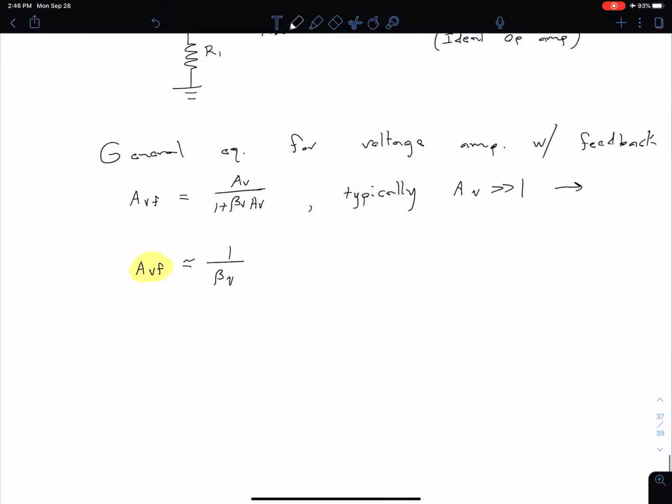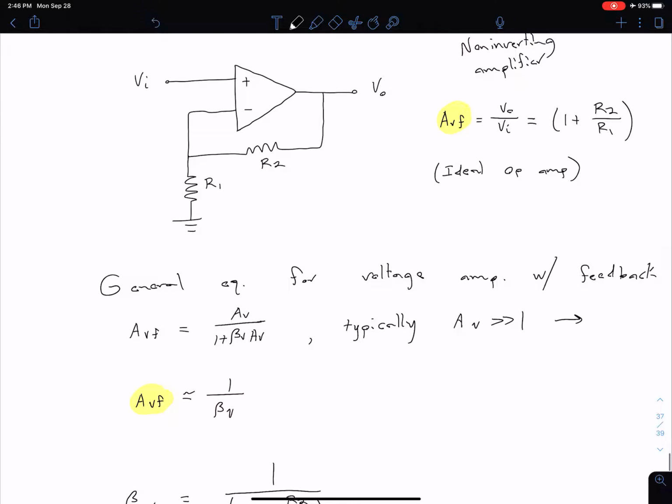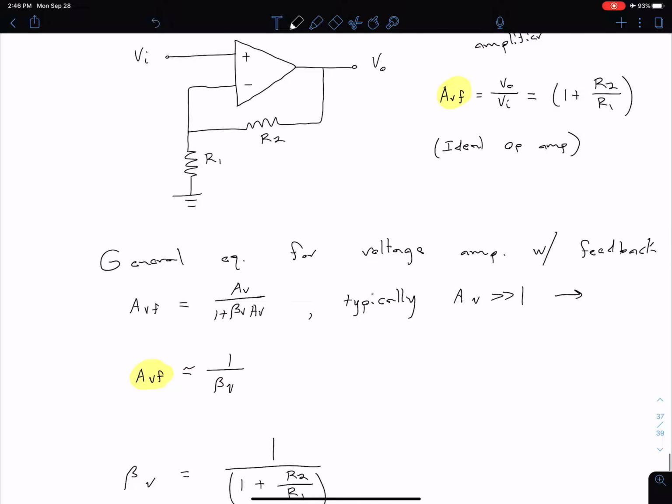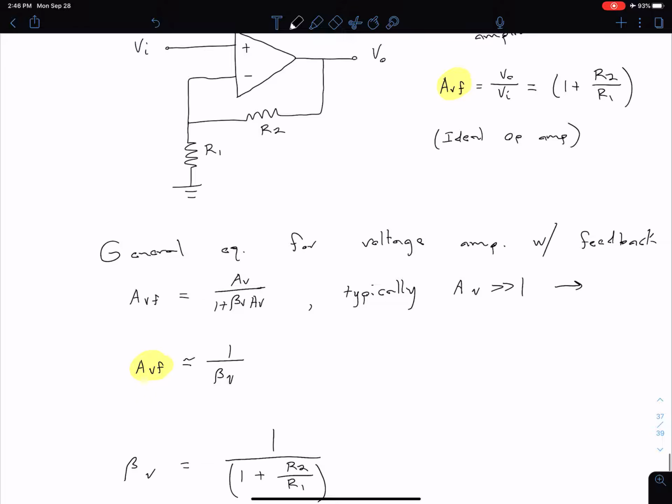Doing that, we find that our beta sub V is equal to 1 divided by 1 plus R2 over R1. So simple as that. This was just by inspection. We know this equation from analyzing it one way, and we know this feedback equation for our ideal feedback form.